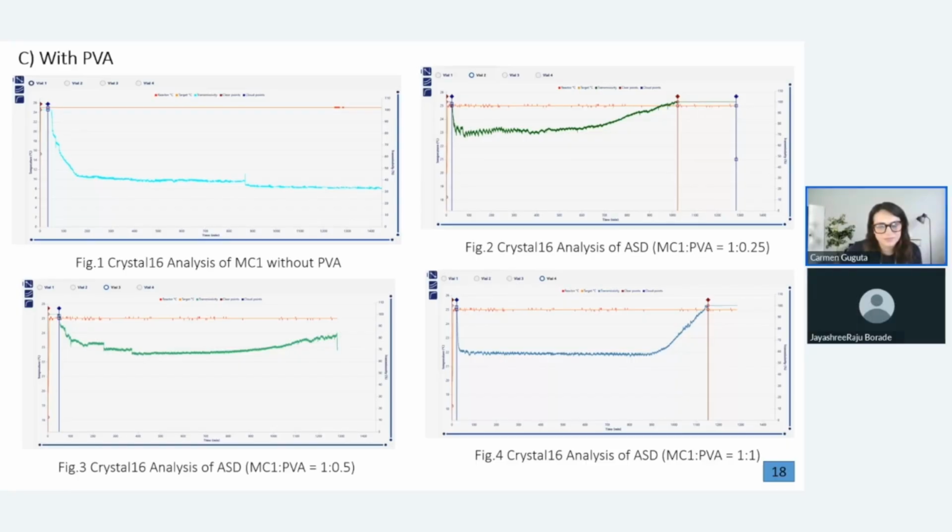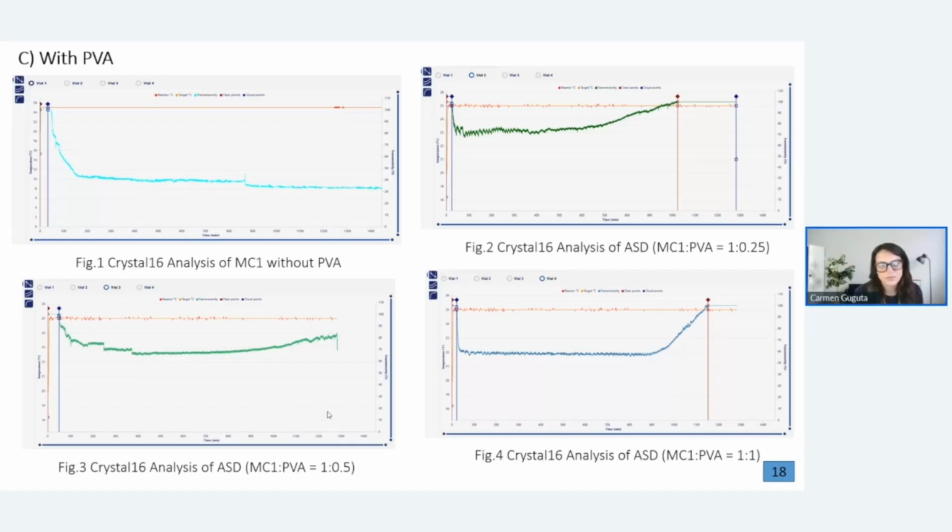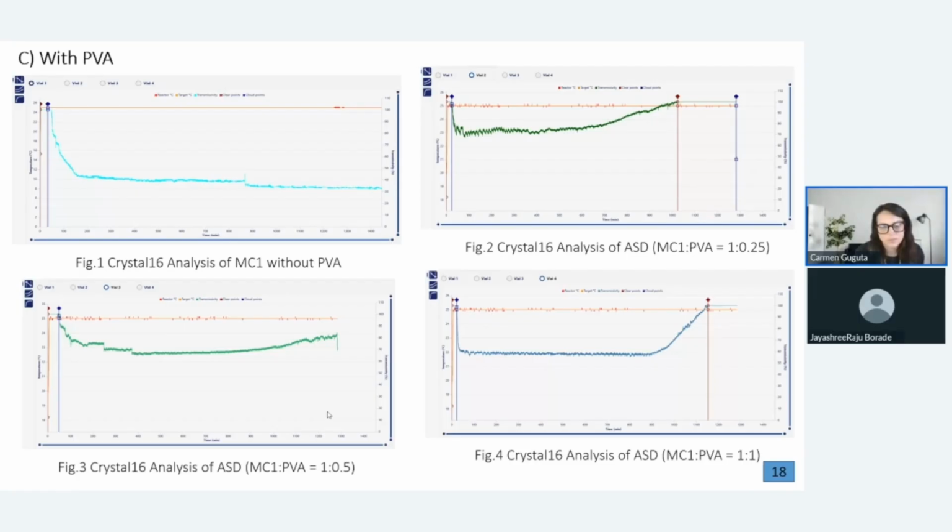LOC is very system specific, right? This LOC will vary because of the kind of polymer which is used, as Jayashri showed in her work. If we have the freedom to change the polymer, we can go to a higher drug loading.